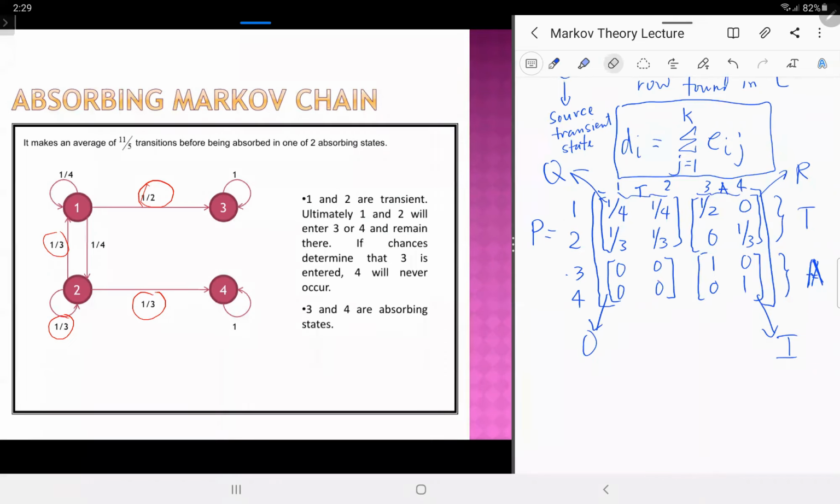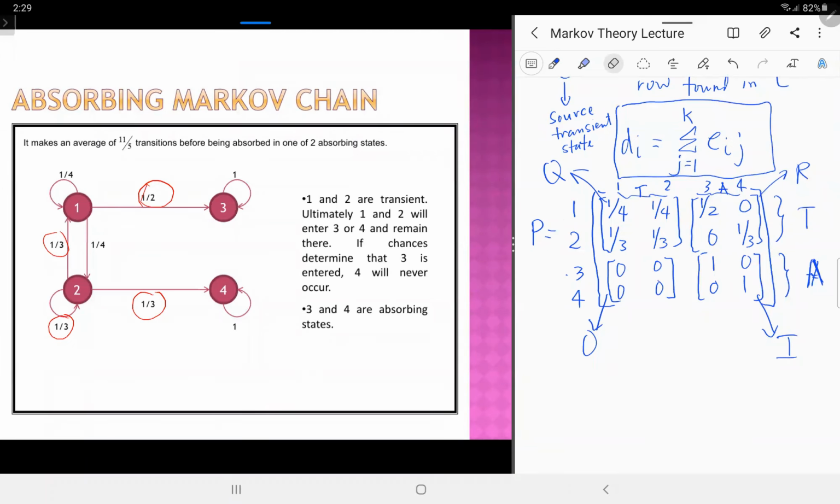Again, you can calculate, if you are in transient state 1 right now, the number of times you go back and forth between 1 and 2, the number of times you pass through 2, go back, pass through 2 again, until finally being absorbed by 4.